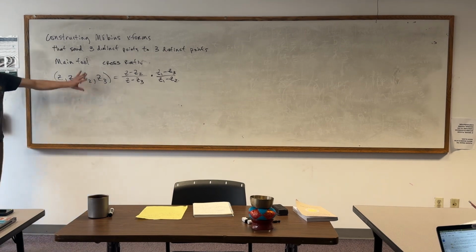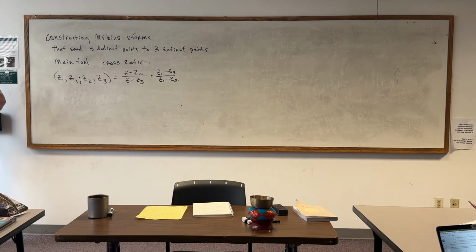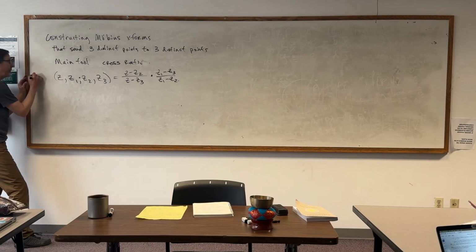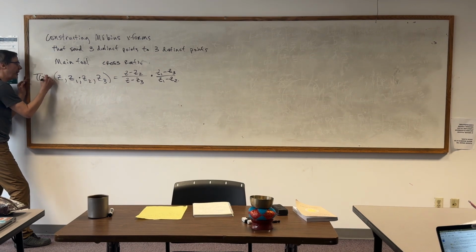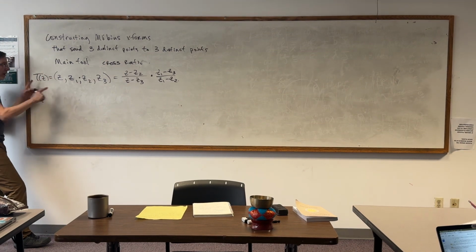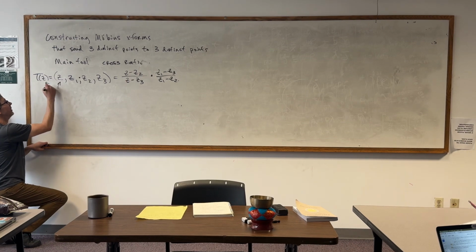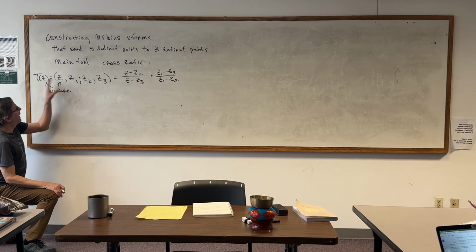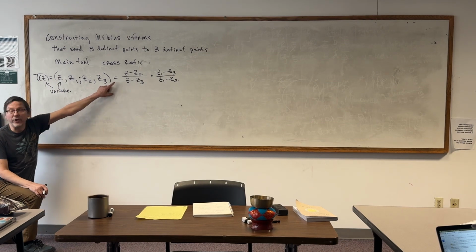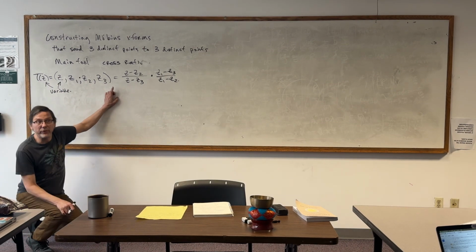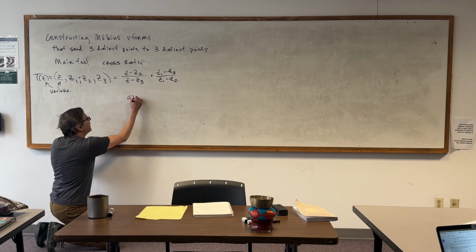So let's just take a look at what this is doing. If I view this as a transform, so let's say T of Z equals this. So I'm leaving this Z as a variable. And we're going to treat this thing as a Mobius transform. In fact, this is a Mobius transform. And remember, they look like this.